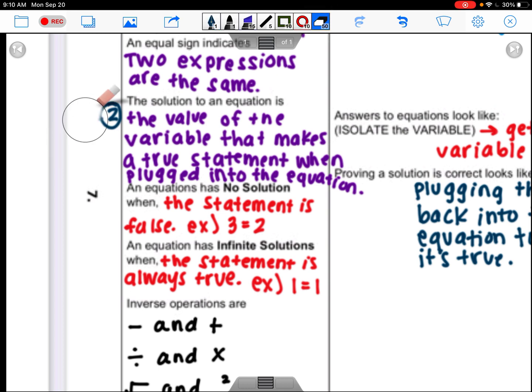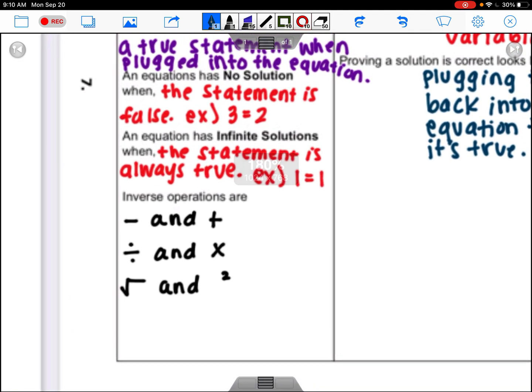If I solved an equation and plug the 2 back in, I should get something like 5 equals 5 at the end. So it should make the equation true, and we'll check our work and I'll show you what this means.